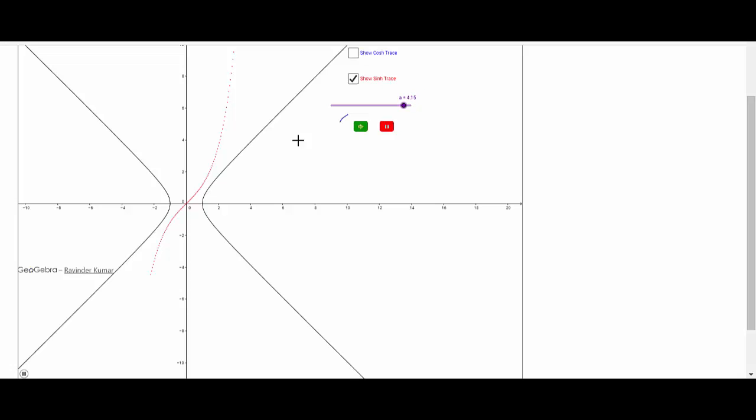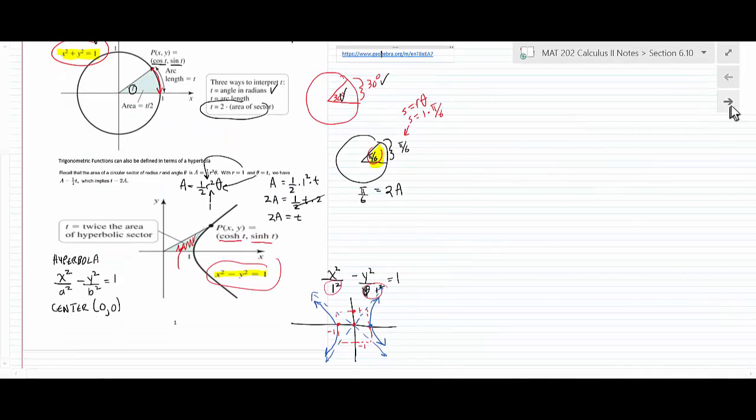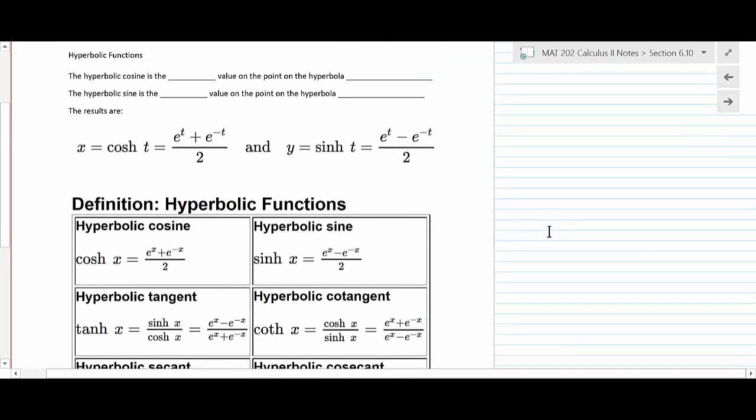Does that kind of make sense? I'm not going through all the little details of that, but if you want to play around with this link, it'll help you, I think, to understand that a little bit better. Okay, so what I want to get to next here is just introduce some of the basic ideas. We're not going to do much with this other than try to get the basic idea.